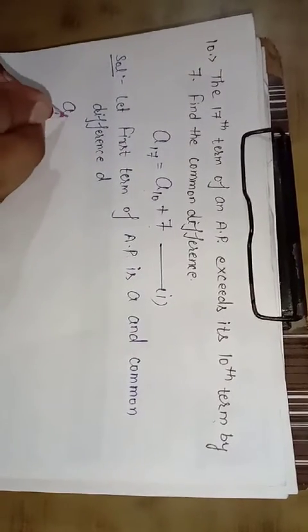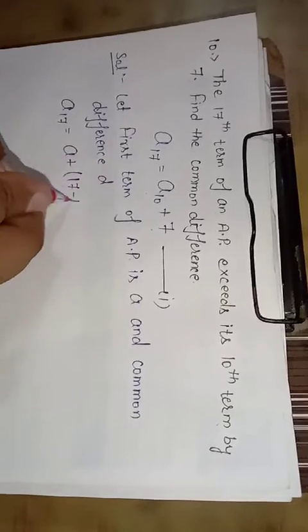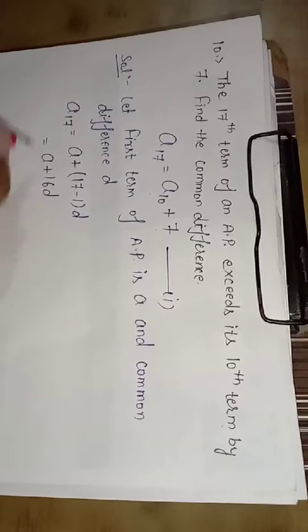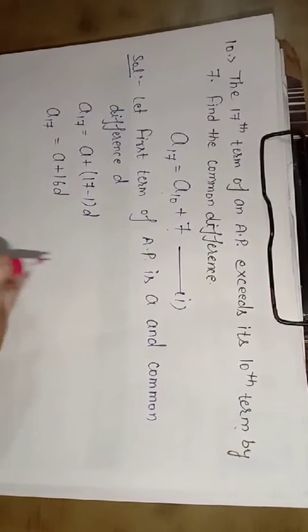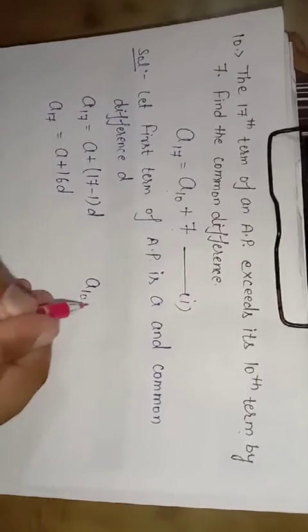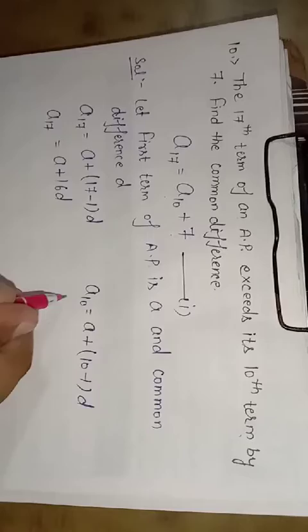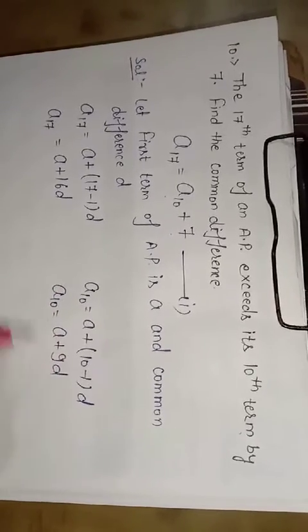So A17 is A plus 17 minus 1 into D, which is A plus 16D. So the 17th term of the AP is A plus 16D. Now we find the 10th term. The 10th term is A plus 10 minus 1 into D, which is A plus 9D.